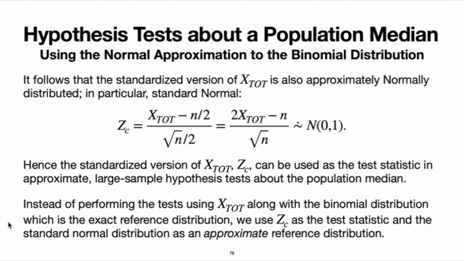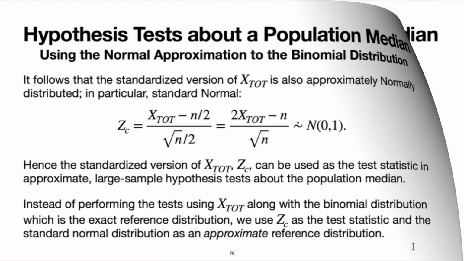And so you can use spreadsheets, but in the absence of that, we can do an approximate test using a normal distribution. So instead of using X_tot along with its exact sampling distribution, which is the binomial, we can use Z_calc as the test statistic and then use the standard normal distribution as the approximate reference distribution.